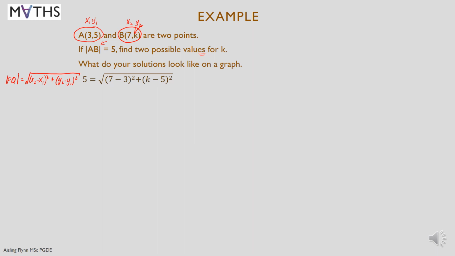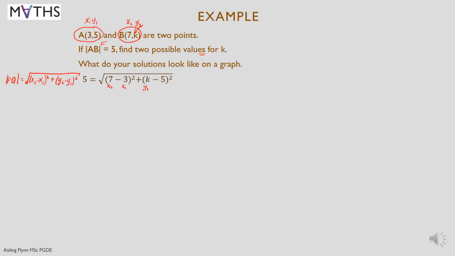Then square root. x2 comes from B, that's the 7, minus x1 comes from A, that's the 3, plus y2 comes from B. This is where people get confused and stop, but proceed with what you know.